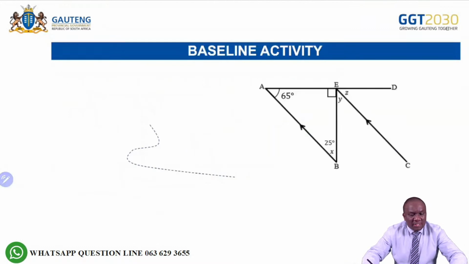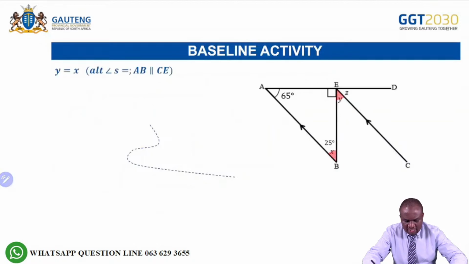Now, what did you get for the value of y? What is the size of angle y? What can you say about angle y? What type of angles are those? Angle y and angle x are alternate angles. Do you see that?